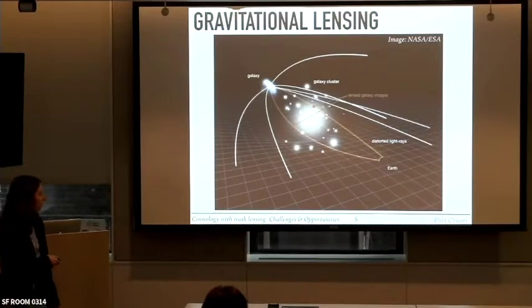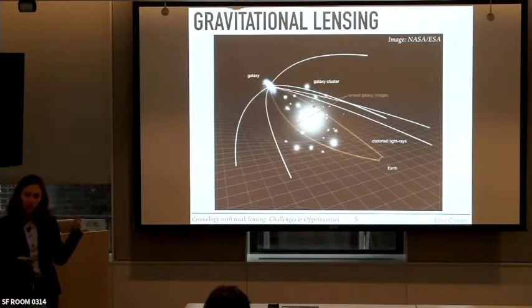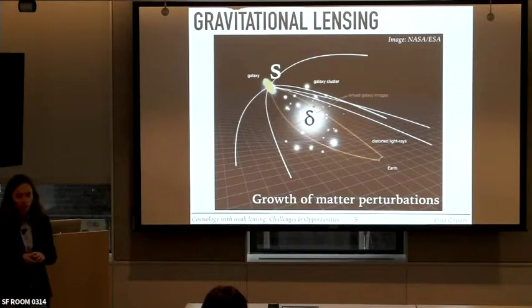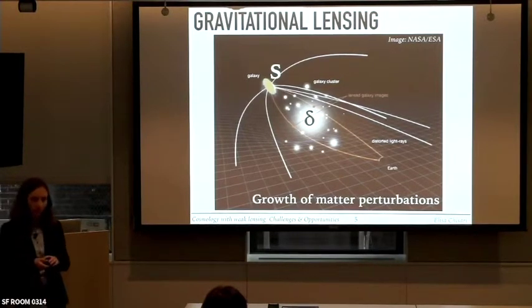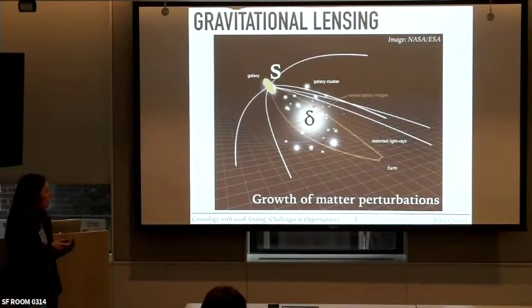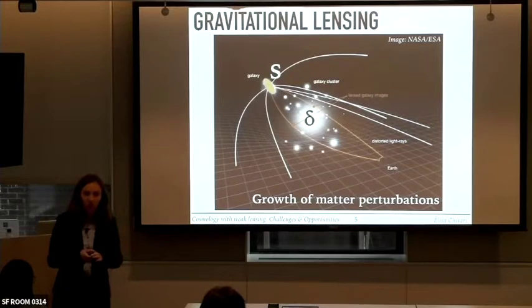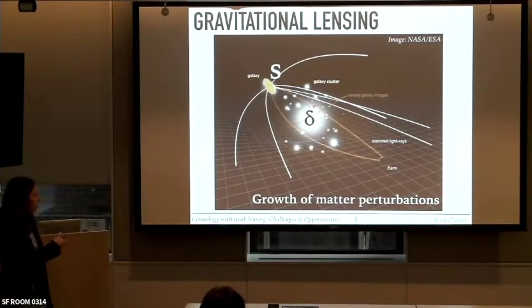So if we're sitting here on Earth, these photons that are coming from this galaxy in the background, instead of coming straight at us, can be deviated by the presence of massive structures, and their path can change such that the shape that we see for that galaxy is also distorted. And so depending on how matter perturbations grow in the universe as a function of time, which also depends on dark energy, we see a distortion of the shape of the galaxy.